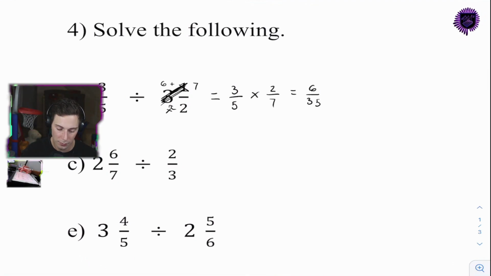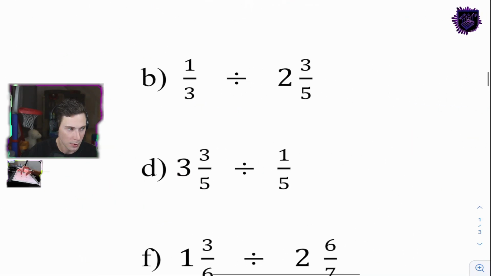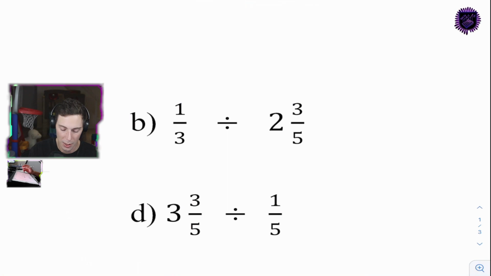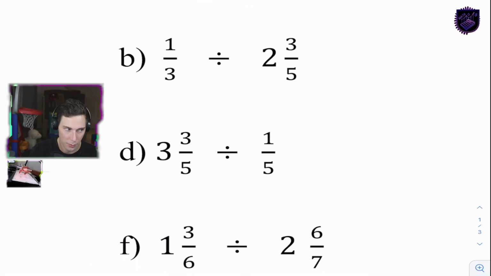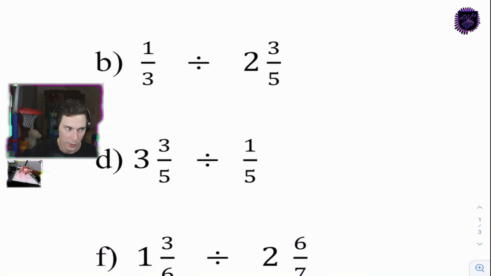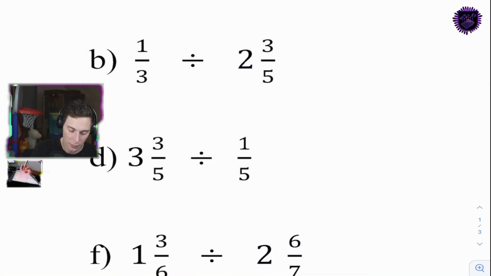So this next one is B. Again, we want to see if we can convert the mixed fraction into an improper fraction, and then we want to multiply, keep, change, flip, and then multiply, and then simplify if we have to, or change back into a mixed fraction. Let's see what happens. So 5 times 2 is going to be 10 plus 3.